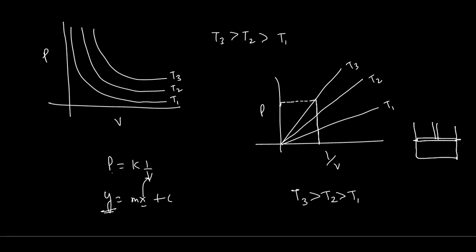If some amount of gas is present here, on increasing the temperature, will this gas exert more pressure or less? More pressure. So here the pressures are P1, P2 and P3. At temperature T3, for a fixed volume of gas, we will have the highest pressure, so T3 is greater than T2 is greater than T1.